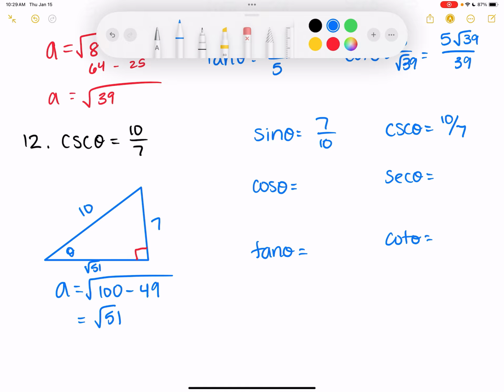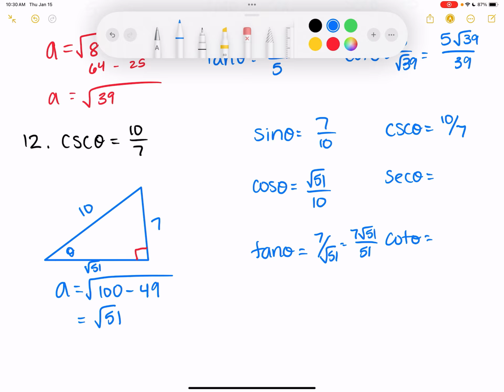All right, so cosine: adjacent over hypotenuse, square root of 51 over 10. Tangent: opposite over adjacent, 7 over square root 51, which is 7 root 51 over 51.